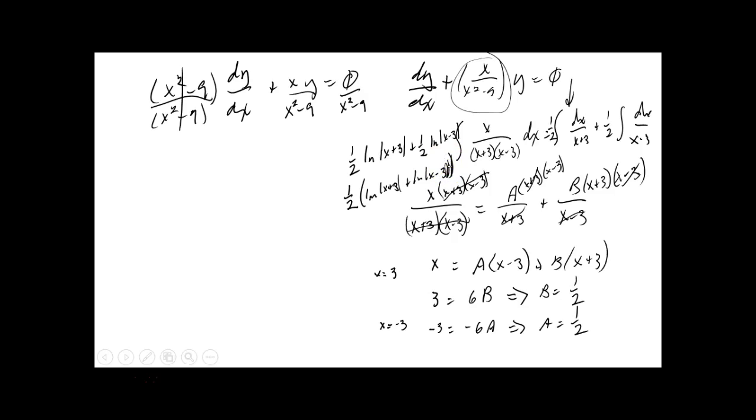Now, we can't get rid of that 1/2. Oh, wait, we will in a minute. I promise. What is a log plus a log? The sum of two logs is the log of the product.